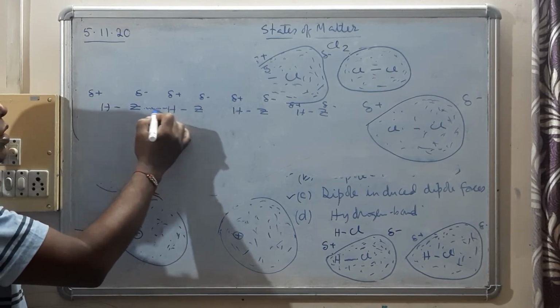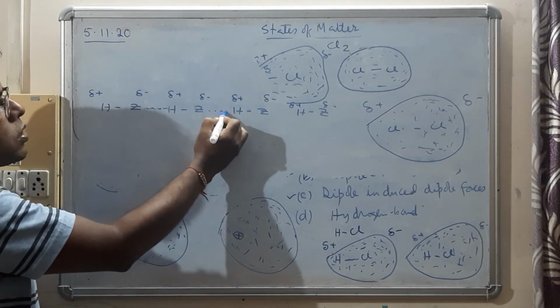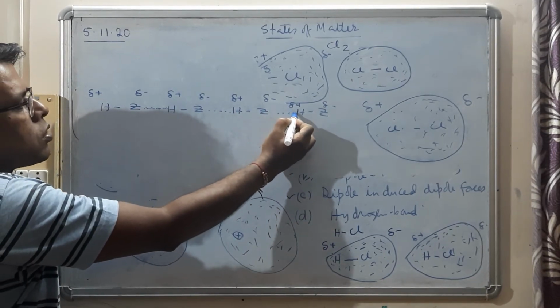We show it by this broken line. So this is hydrogen bond, this is hydrogen bond.